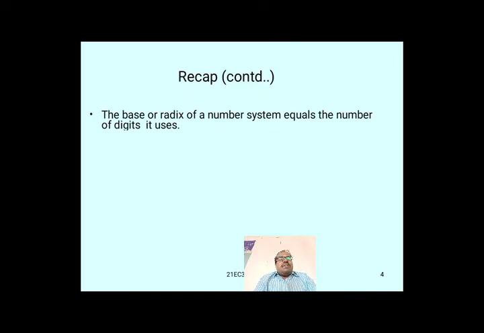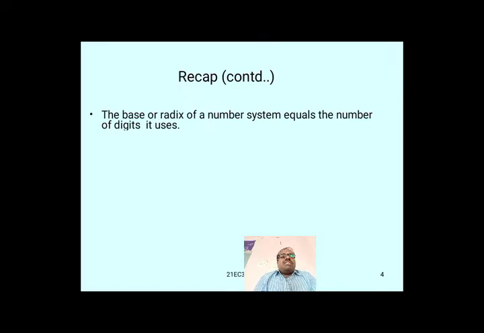The binary number system has only 2 digits, 0 and 1. So the base is equal to 2. It equals the number of digits also.